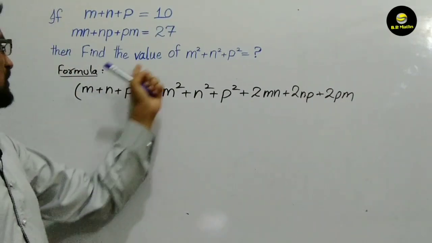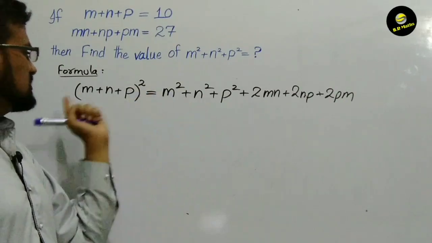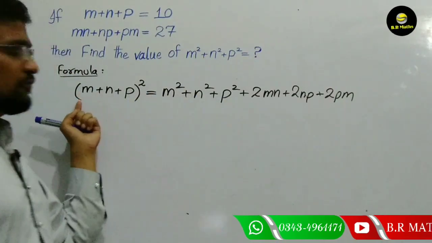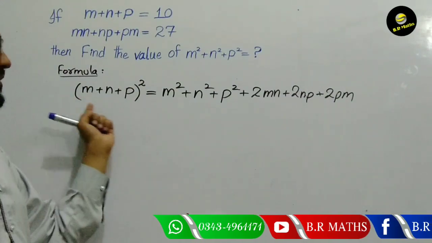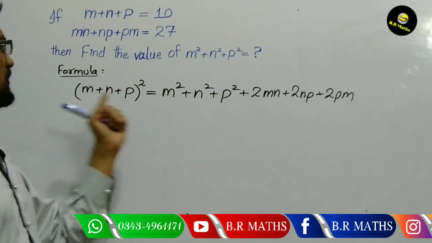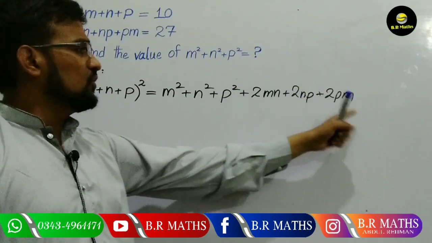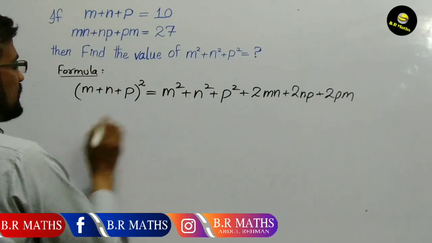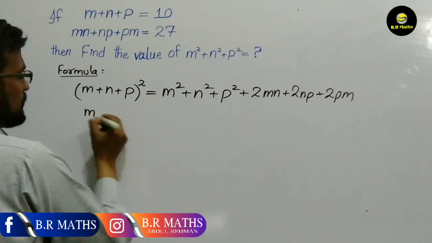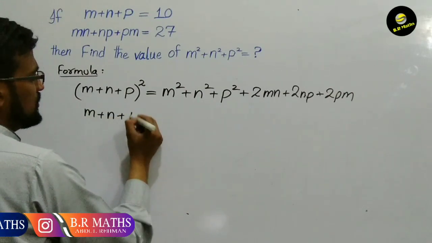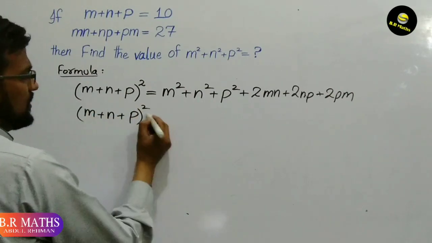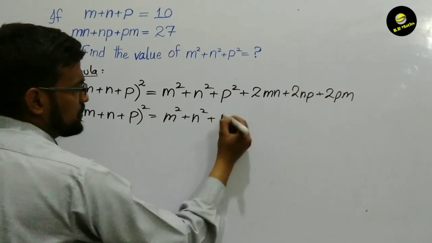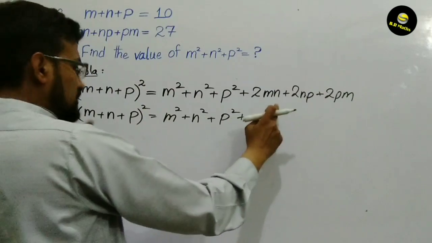m plus n plus p whole square is m square, n square and p square, and then plus 2 times the first and second term mn, 2 np the second and third term, and 2 pm the first and third term. So this is the formula, and again I repeat it: m plus n plus p whole square is equal to m square, n square, p square plus 2mn, 2np, 2pm.